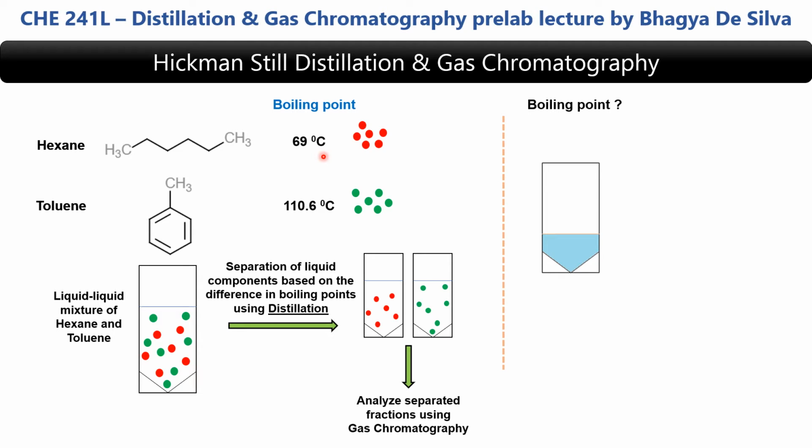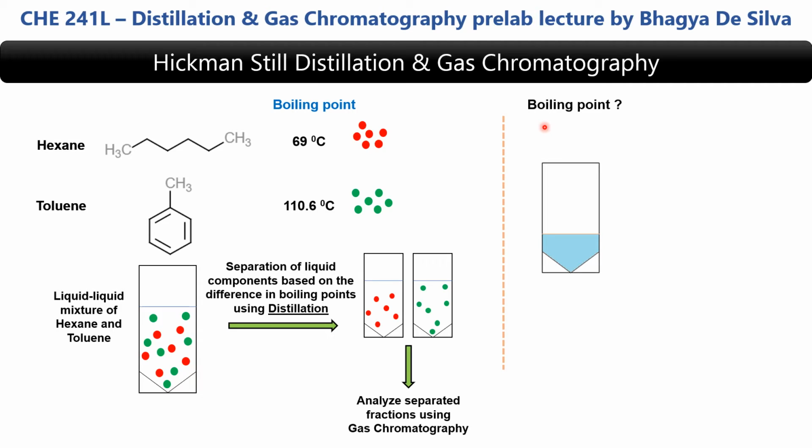And because the boiling points of hexane and toluene are considerably apart, we are able to separate them into their individual components. However, this technique is successful only when there is a large difference in the boiling points of the components in the liquid mixture.